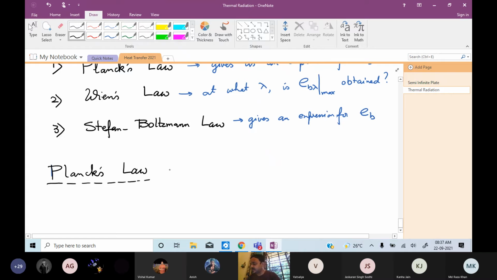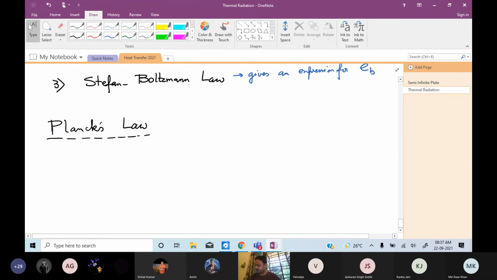As we said, it allows us to calculate the monochromatic emissive power of a black surface. Now, what is the law? Planck's law of blackbody radiation: EB lambda, the monochromatic emissive power of a black surface, is given by this expression.